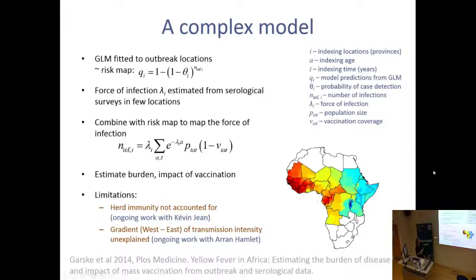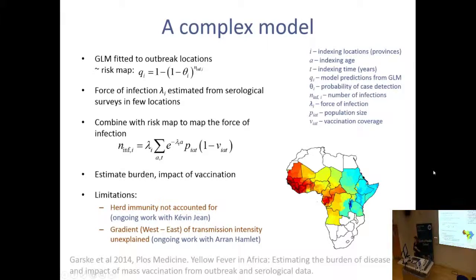It's a generalized linear model that we fitted to these environmental covariates. And from that, we get a risk map of yellow fever, and that's a nice step, and we see very much this gradient from West Africa, very high risk, to much lower risk in East Africa, which reflects where the outbreaks are reported.